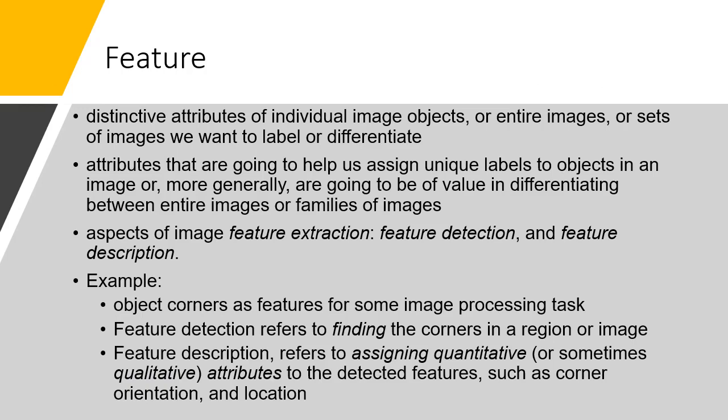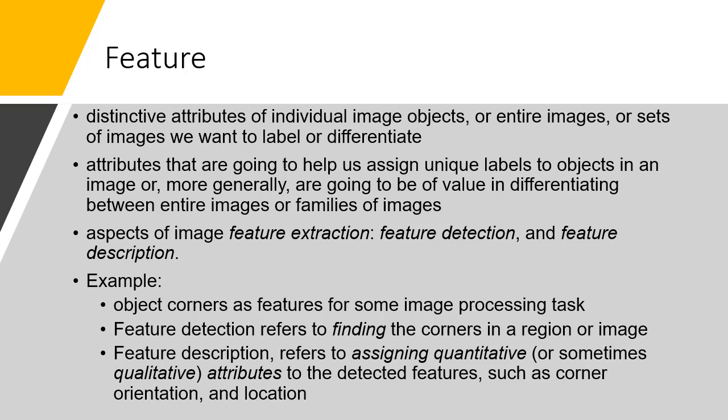A feature is something that is distinctive of individual image objects or entire images, in the sense that we may have many objects in one image. So a feature is required when we want to label objects, in which case we have many objects in one image, and to distinguish one image from another if we consider the image as the object itself.